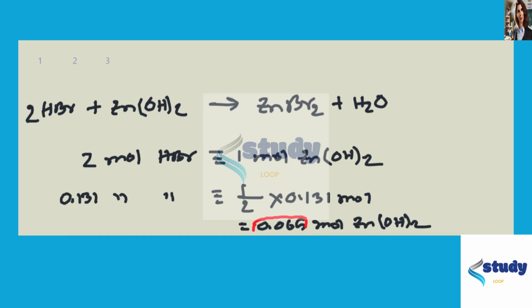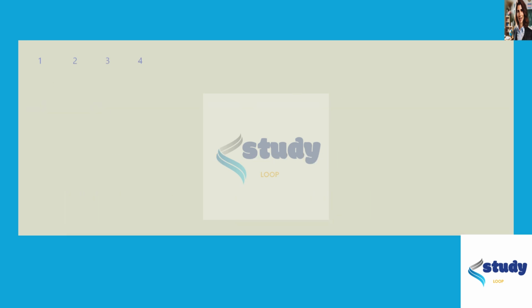From this number of moles of zinc hydroxide, we can find the mass of zinc hydroxide. As you know, the number of moles equals mass over molar mass, which means mass will be the number of moles times the molar mass.